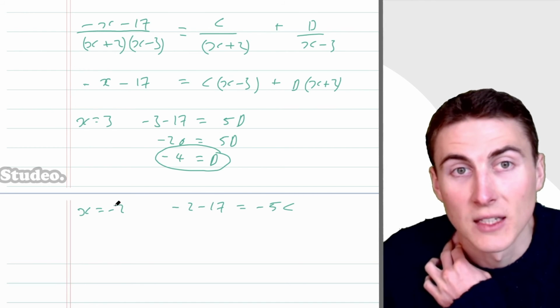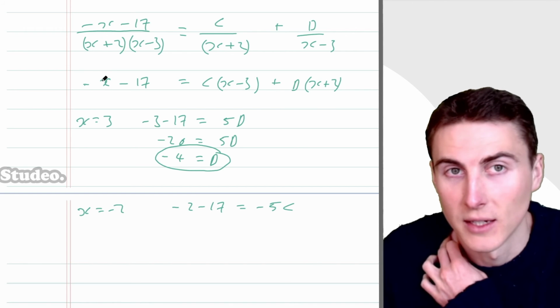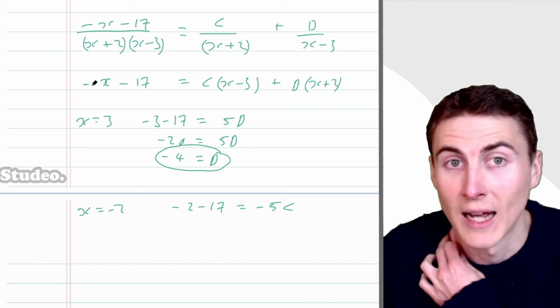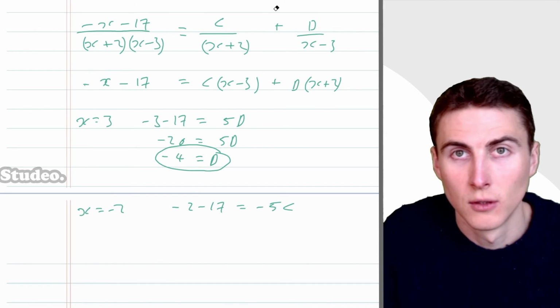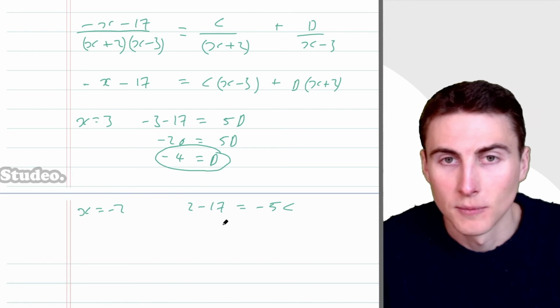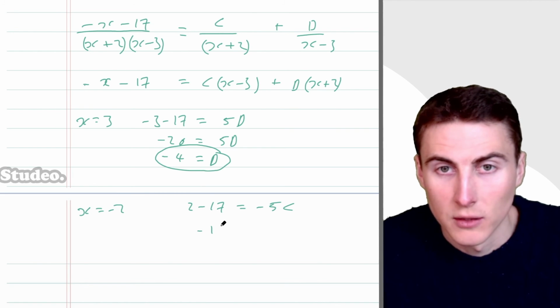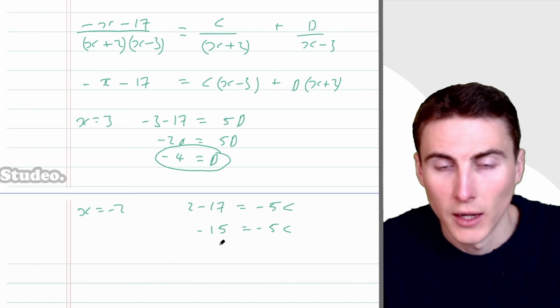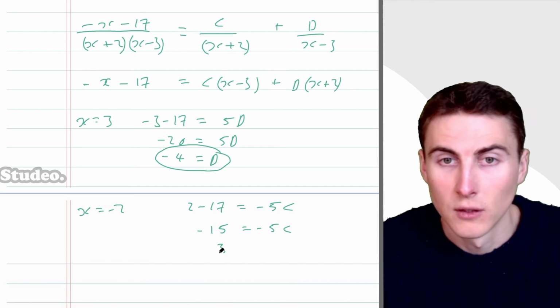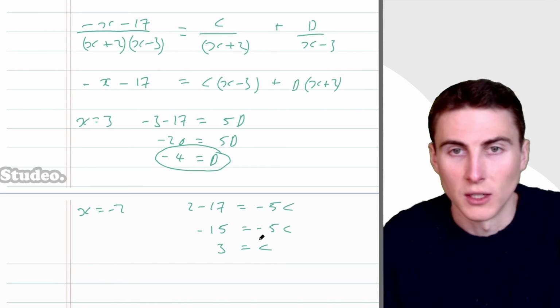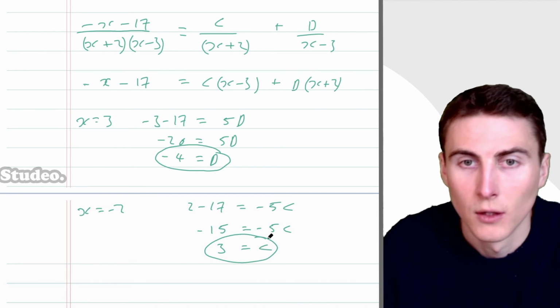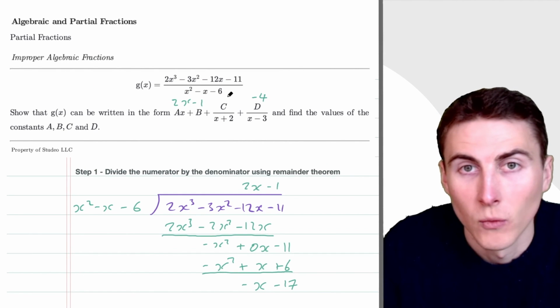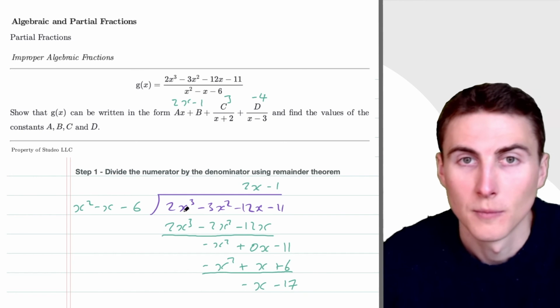So if x is minus 2, and I have minus x, the minuses will actually cancel out, so I get positive 2. That's my bad. We've got 2 minus 17, which is minus 15, equals minus 5c. And so we divide both sides by minus 5, find that 3 equals c. So up here, we now know that c here is 3.